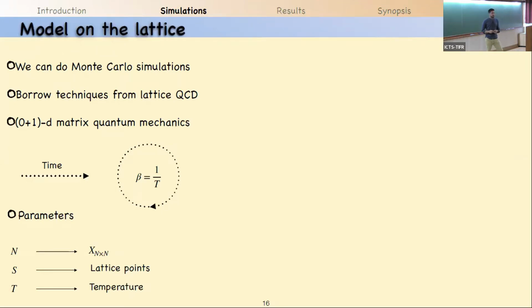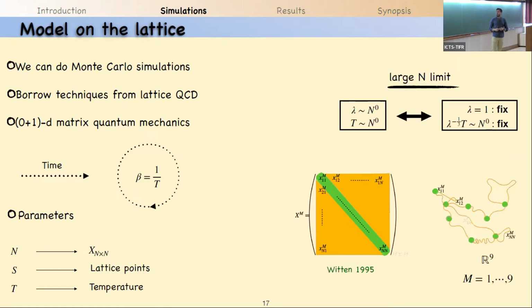The parameters that control the system are N, which gives the size of the matrix, the lattice points, and the temperature, which essentially controls the size of the lattice when I want to study thermal physics. The way I take the large-N limit in this case is by fixing lambda, and then the large-N limit corresponds to large matrices.